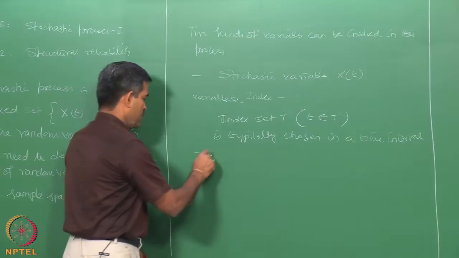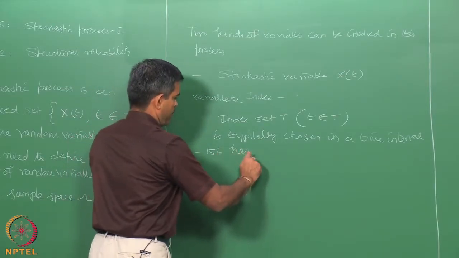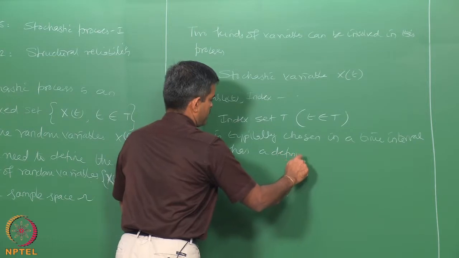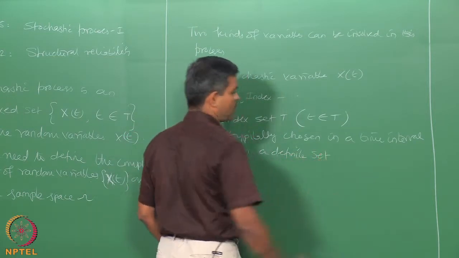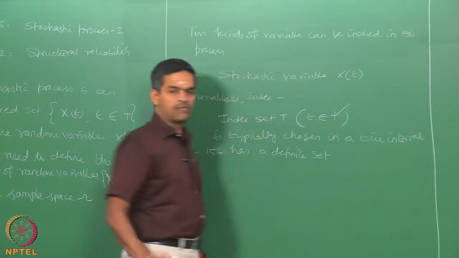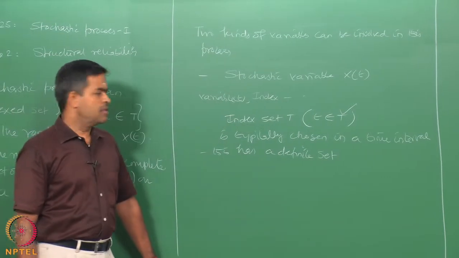But interestingly, this has a definite set, because the upper bound of the choice is fixed. So, it has got a definite set.